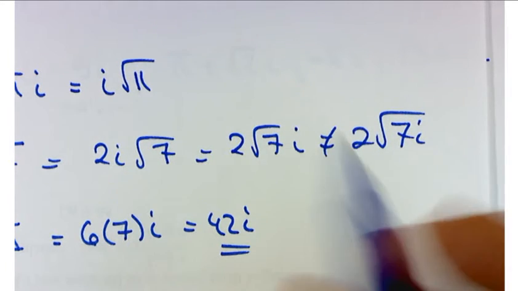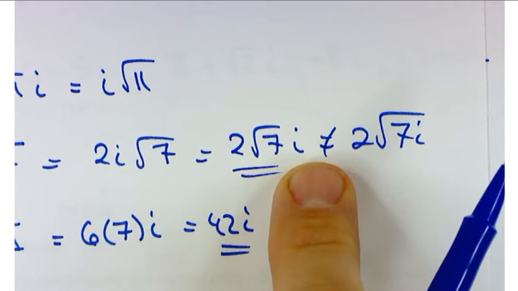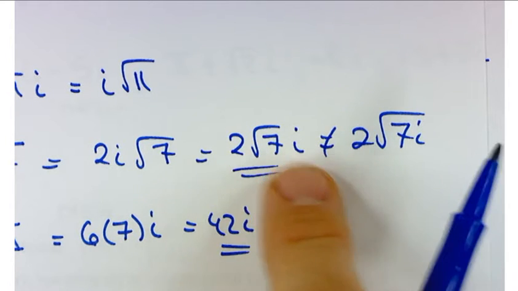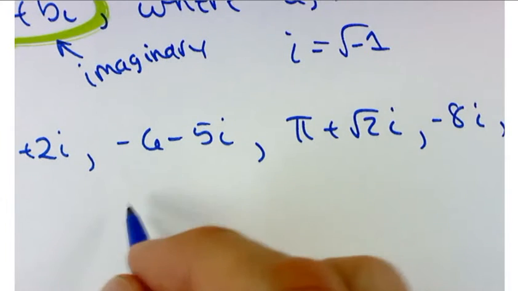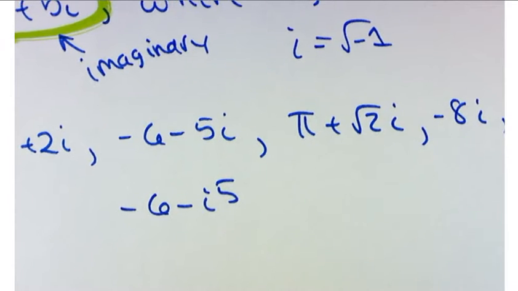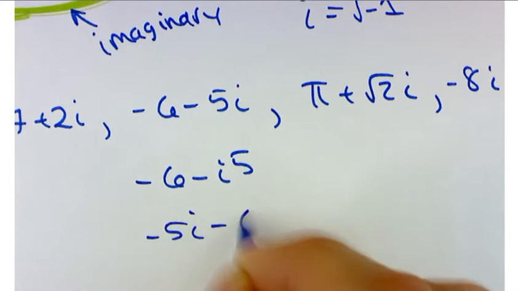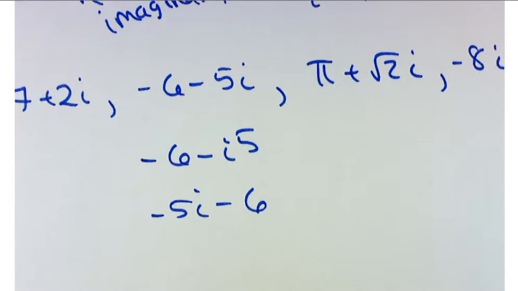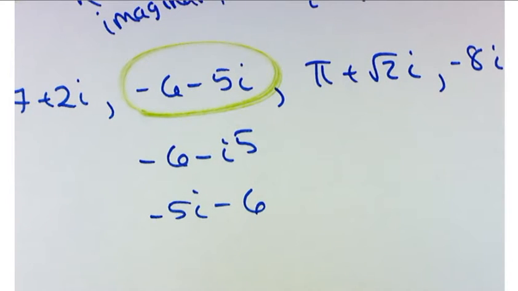In general, though, this number is out front and i is behind. So this is a coefficient, and then you have i. I'm not going to mark you wrong if you write, say, -6 minus i times 5, or you could also write -5i minus 6. Those are all the same. But I would encourage you to keep your instructor happy. All right? Just write it in the standard form as best you can.